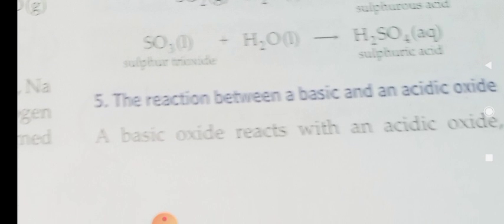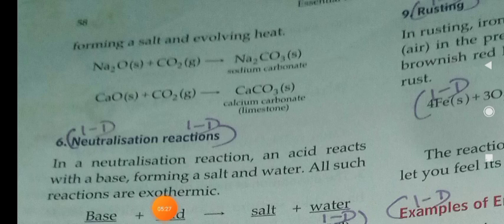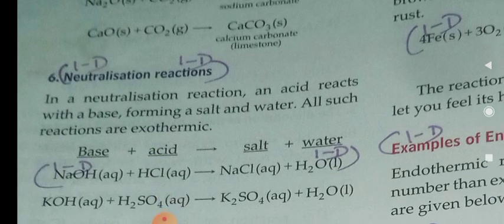Similarly, the reaction between basic and acidic oxides: CaO, calcium oxide, a basic oxide, and CO2, carbon dioxide, an acidic oxide. When they react, they form calcium carbonate. During this process also heat is evolved.